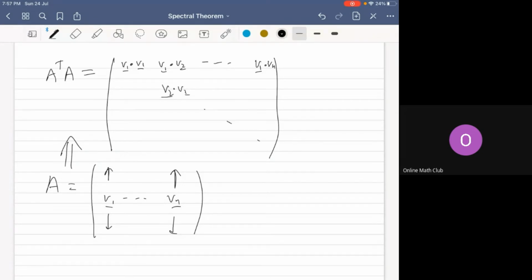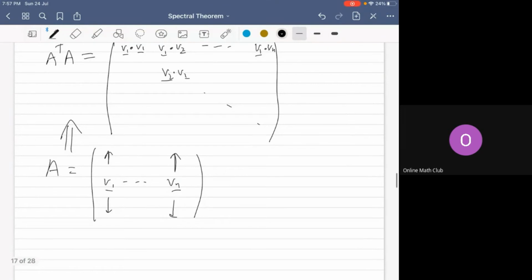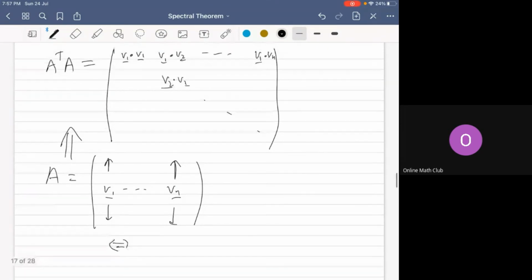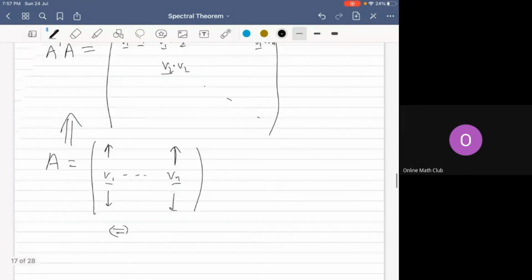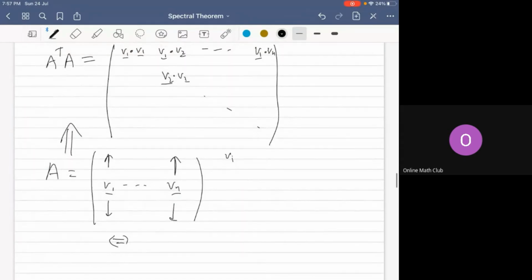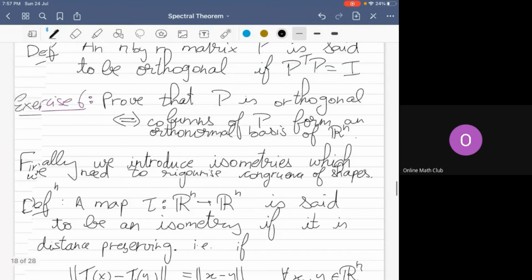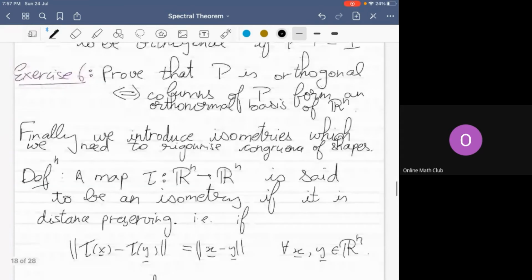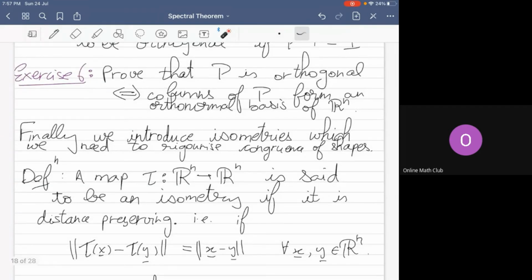So a matrix being orthogonal is equivalent to its columns being orthonormal, because vi dot vi is the diagonal entry. If this is I, then this is 1, and vi dot vj would be 0. So this is the result that we'll use, that a matrix P is orthogonal if and only if its columns are orthonormal.